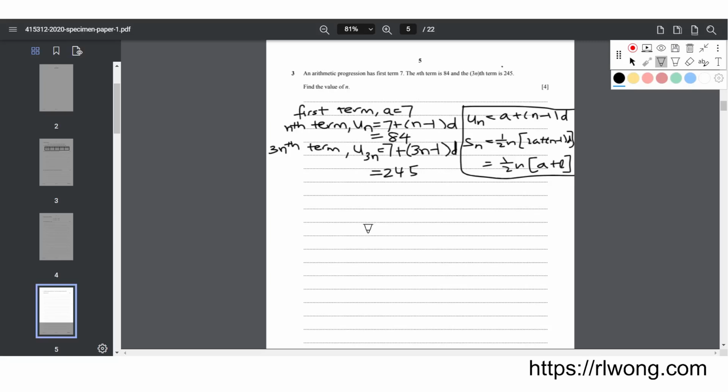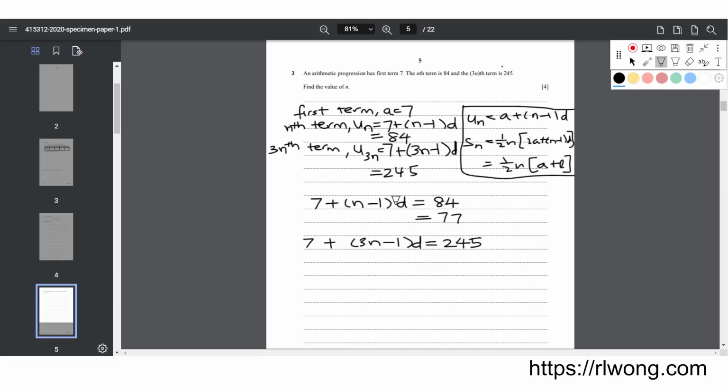So effectively, I formed two equations. 7 plus n minus 1 d equals 84, and I also have another equation, 7 plus 3n minus 1 d equals 245. So I will simplify this. I'll take 84 minus 7 first, I get 77.